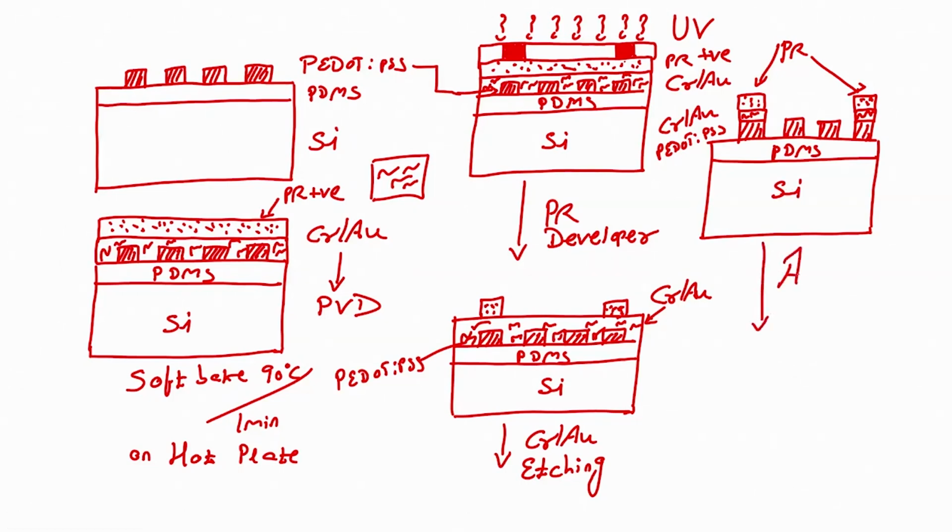right, easiest. Acetone dip, dip the wafer in acetone. Acetone is a stripper for your photoresist. When you dip the wafer in acetone, what will you have?